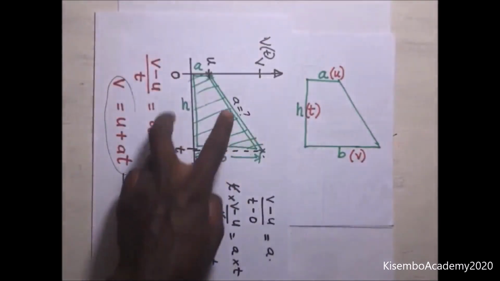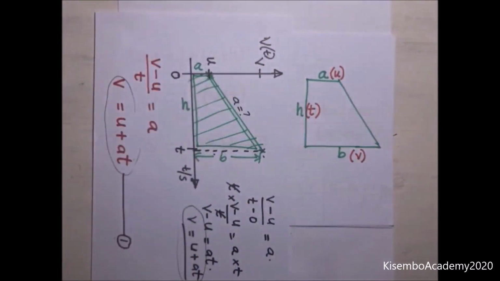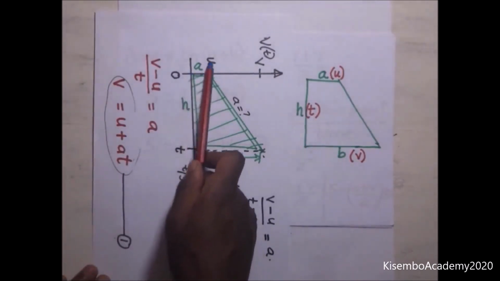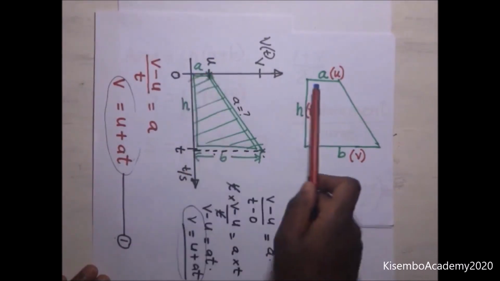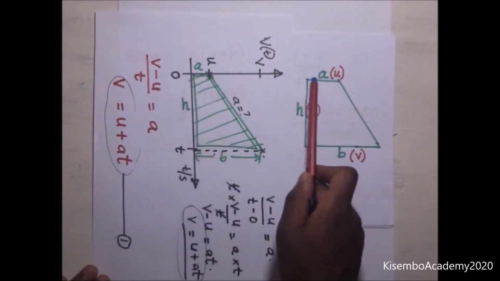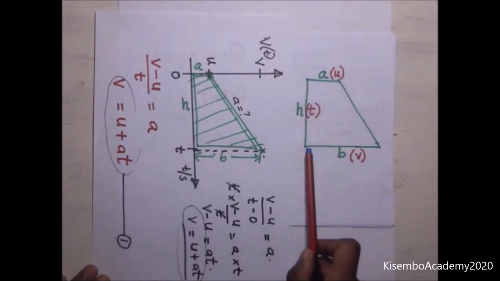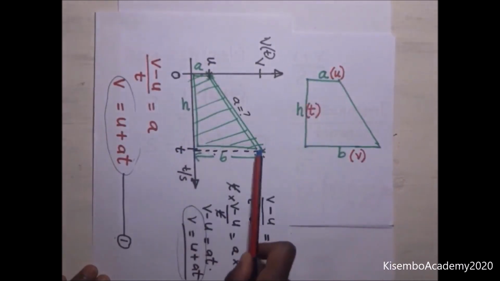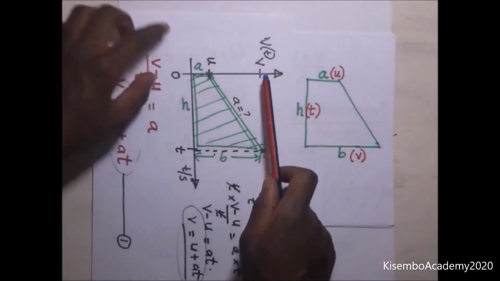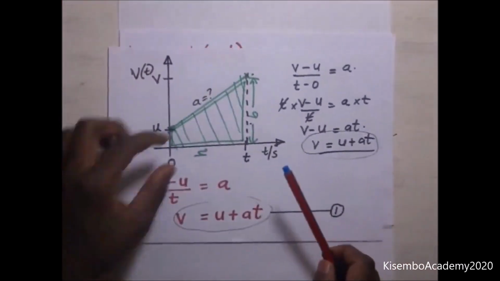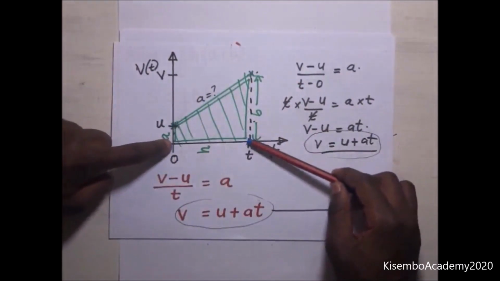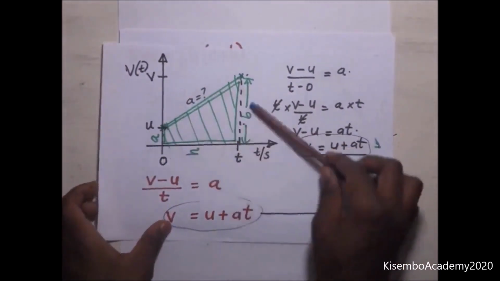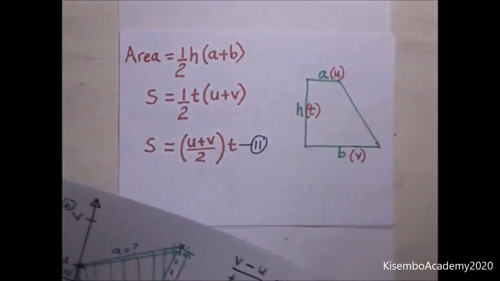Then here it coincides with u, because from here to there the length is u, the initial velocity, so our value of a corresponds to u, and our value of b corresponds to v. This is v, this is u, and this is our value of t. I have extrapolated this and put it there like that.